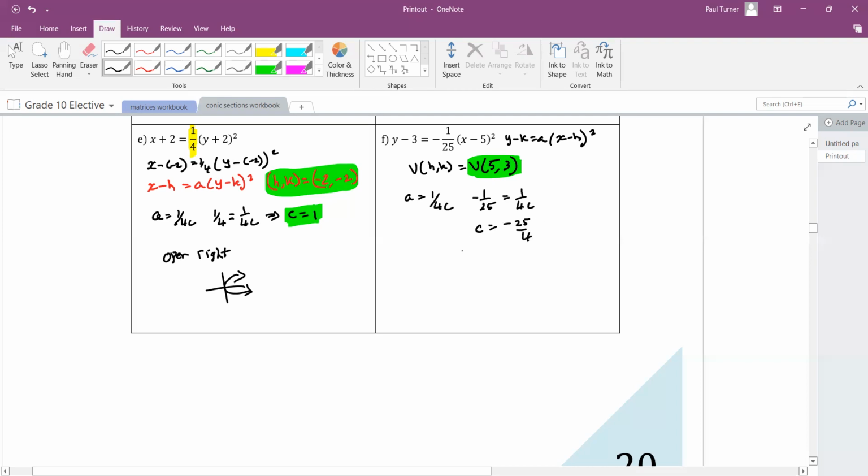And as we want the absolute value, we'll get 25 on 4 for C. And this graph is going to open downwards because we have a Y-style graph. And the A value, as you can see here, is negative. So this graph is going to open downwards.